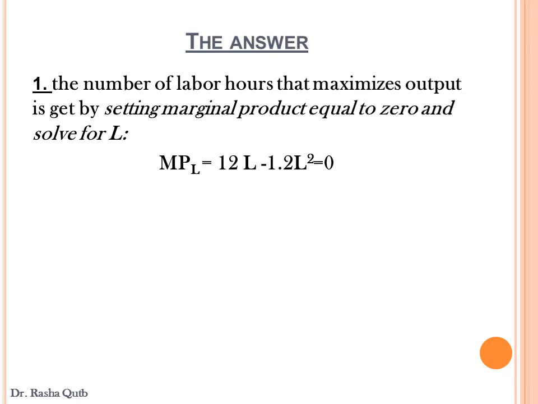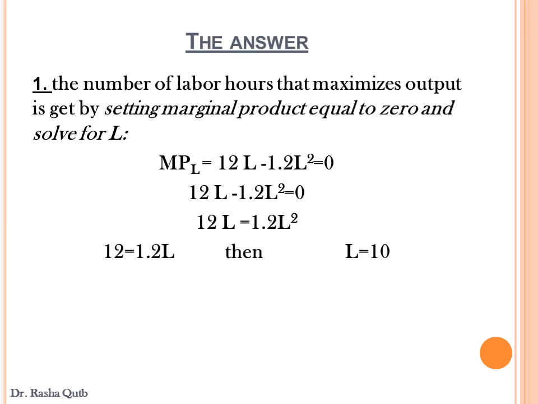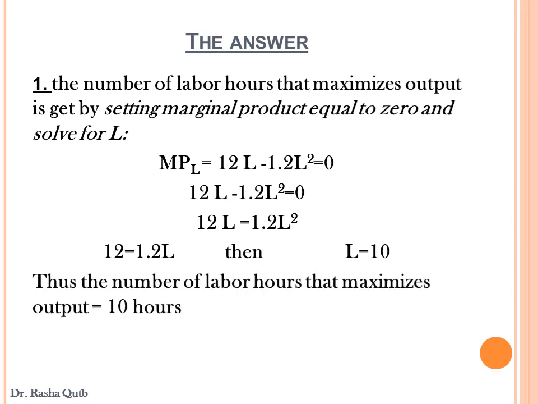This is the first step. And then we set the marginal product of labor to 0, and we solve for labor. Thus, the number of labor hours that maximize output equals 10 hours.